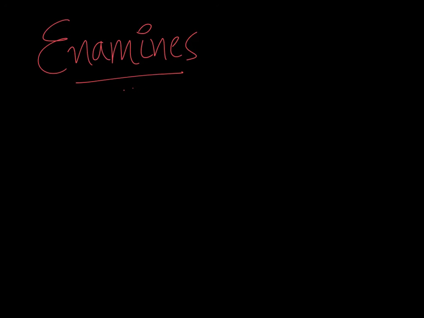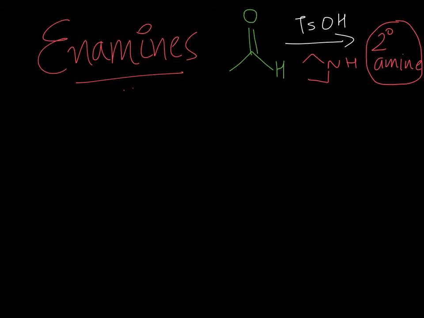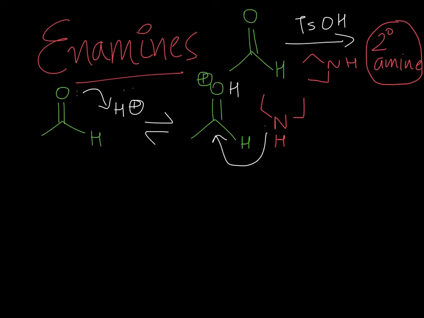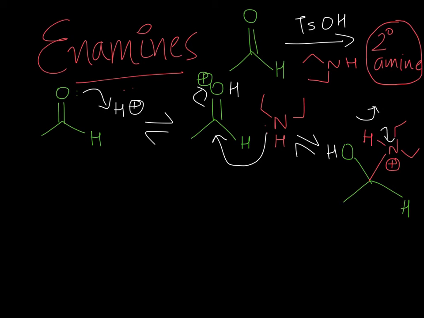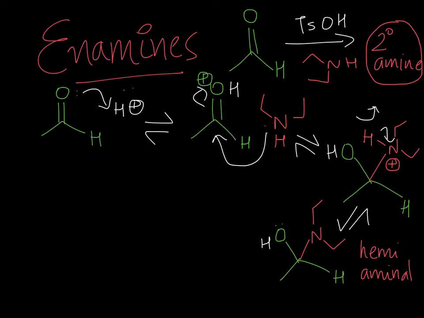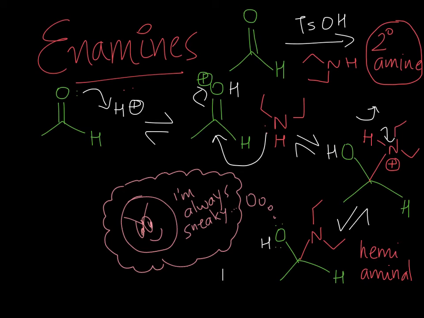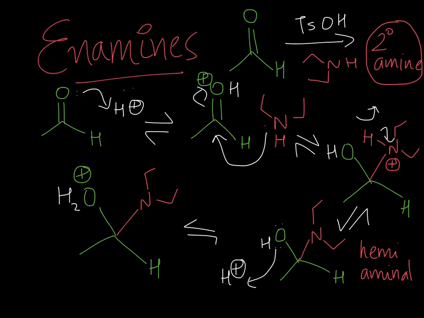And finally, enamines, which are almost the same except that now you have a secondary amine. And let's repeat the process one last time by protonating this to get this structure, which can be attacked by the secondary amine to get this tetrahedral intermediate, where we can alleviate the positive charge by deprotonation to get your hemiaminal again, where you have your Mr. Sneaky oxygen going and grabbing one more proton, finally showing its true colors as a leaving group.